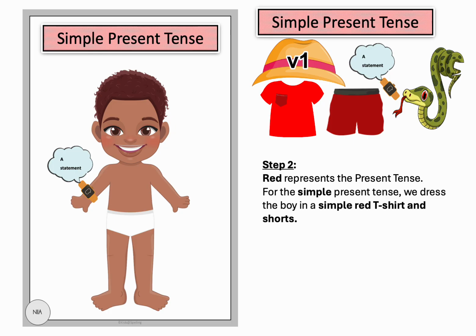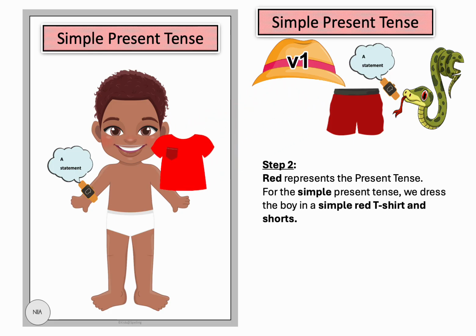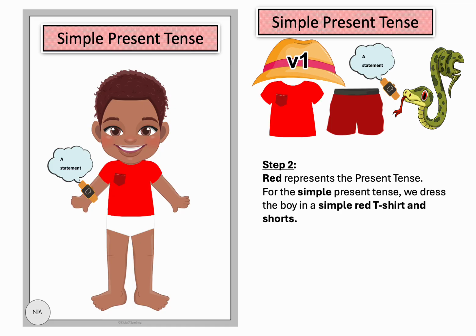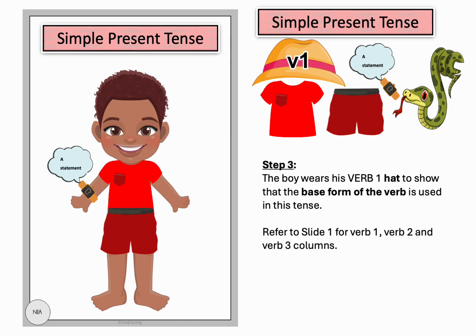Step 2. Remember, red represents the present tense. For the simple present tense, we dress the boy in a simple red t-shirt and shorts. Step 3.